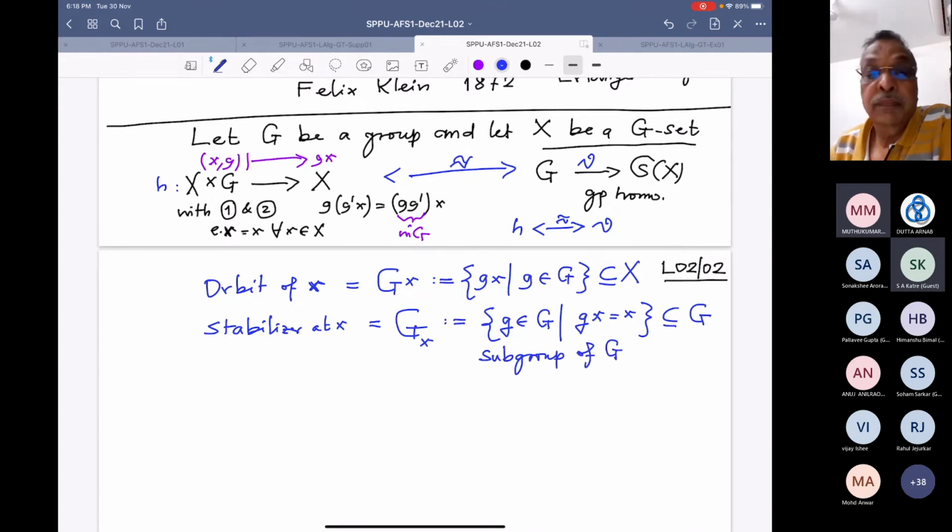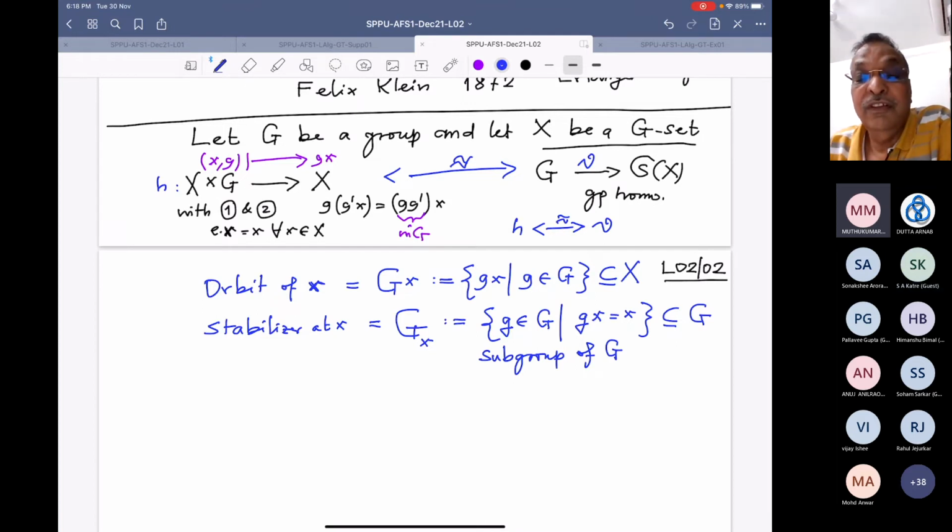May I ask something, please? Sure. In yesterday's class, you said there's a reason behind the name stabilizer. Yes, it stabilizes elements. Is there a nice reason why you have orbit? I have an image of a planet moving.